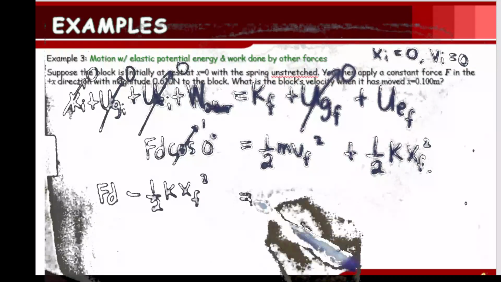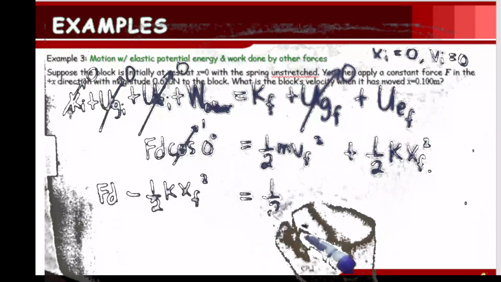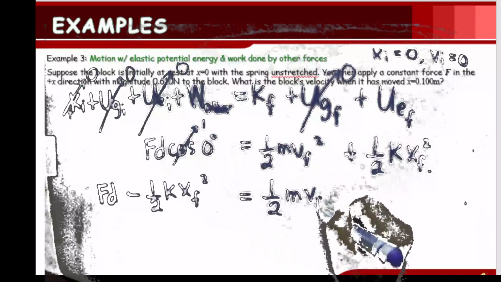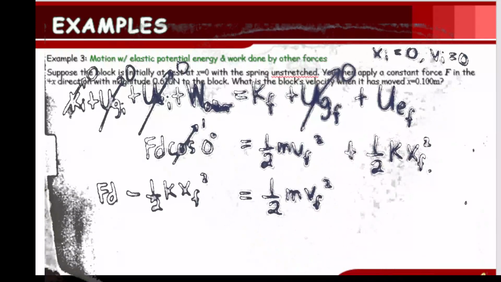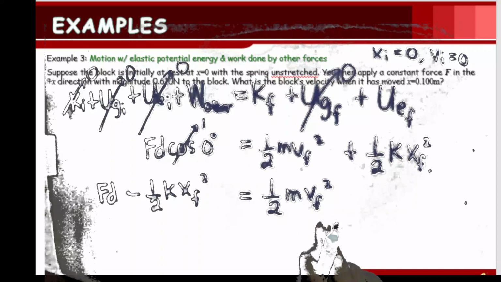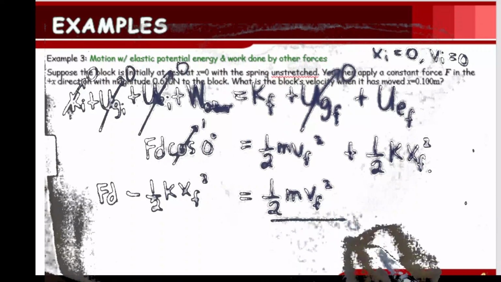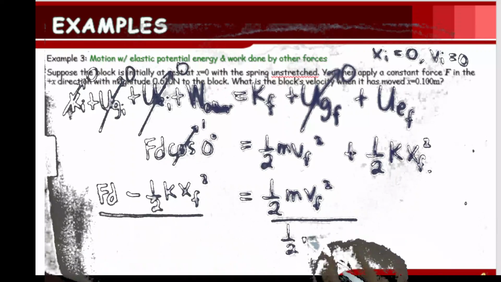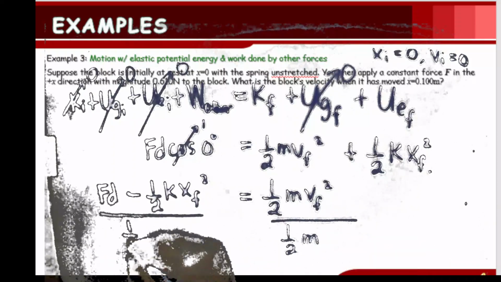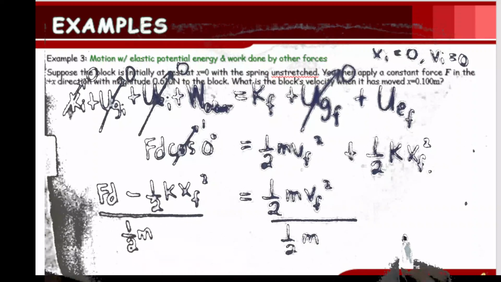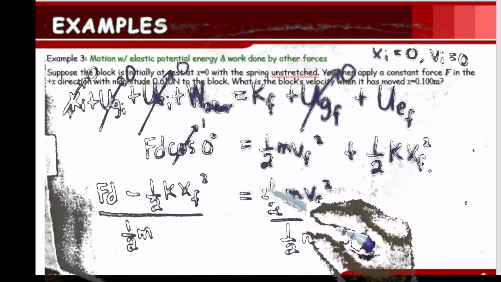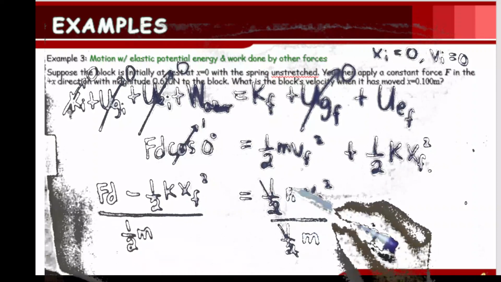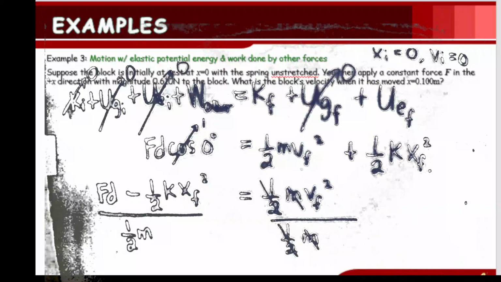So this is equal to 1 half m v final squared. Our target again is the final velocity, so we have to divide both sides by 1 half m. So we can cancel out 1 half as well as the mass here.